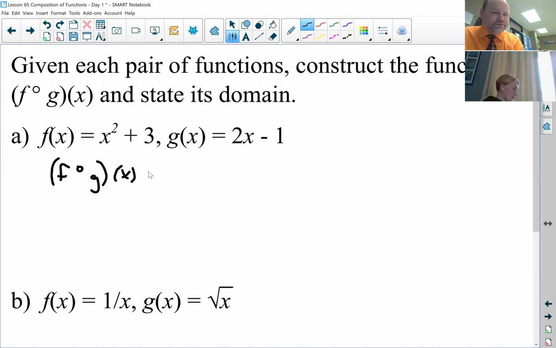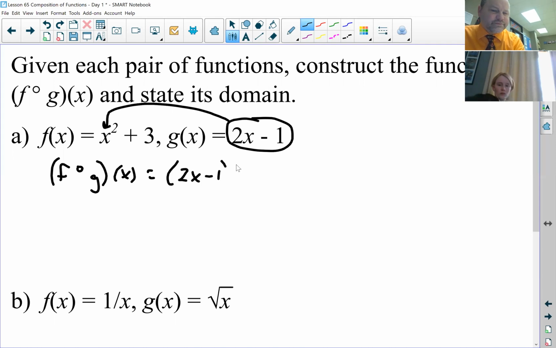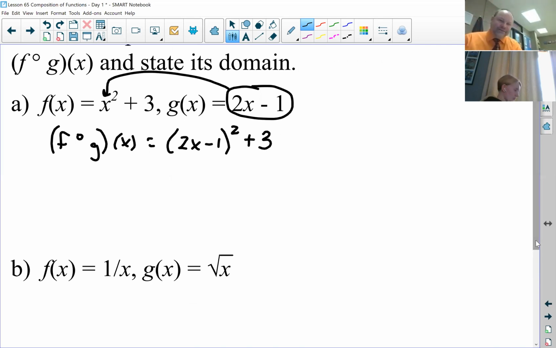Makes it a little bit easier to deal with, I think. So we're going to take 2x minus 1 and put that in for x. And I would prefer to multiply that out.